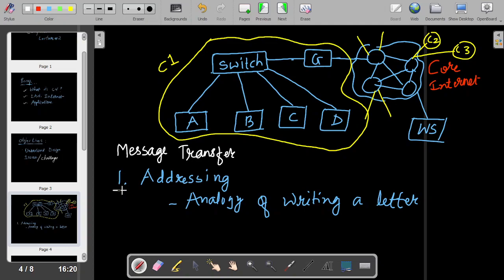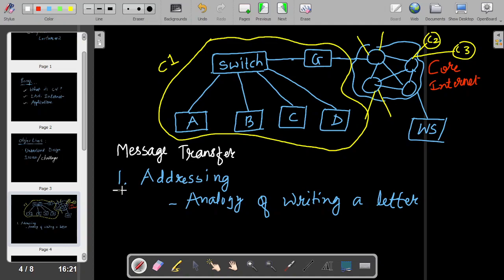Suppose you are writing a letter to your friend. You must know your friend's address. Then only the postal service can deliver your letter to your friend.